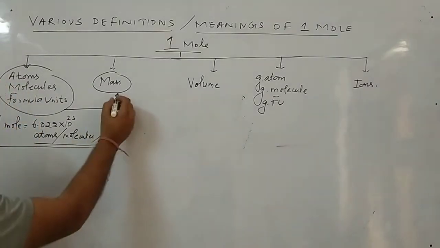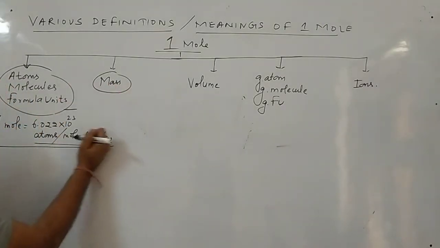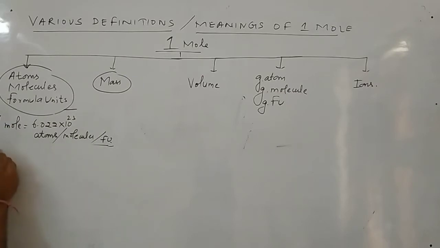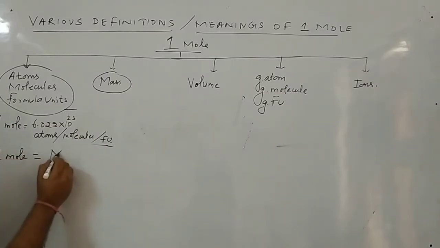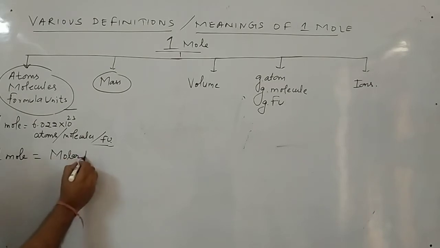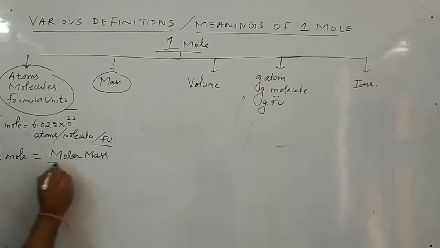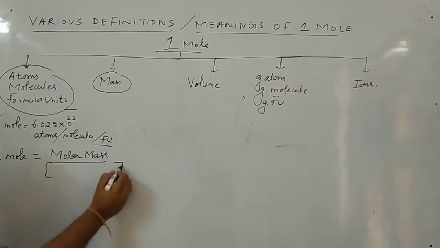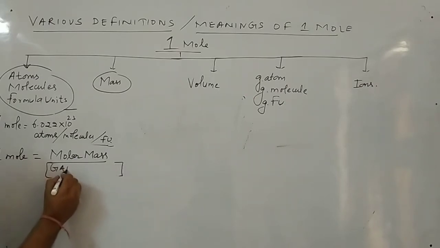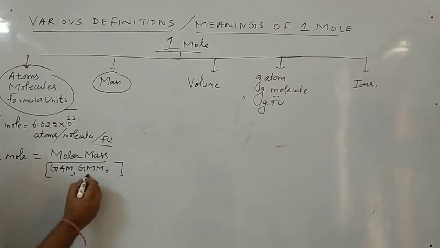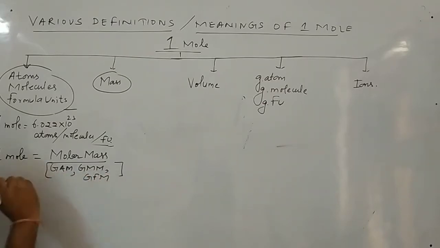So regarding mass, 1 mole is having the mass equal to molar mass, and this molar mass, it may be gram atomic mass, gram molecular mass, or gram formula mass.